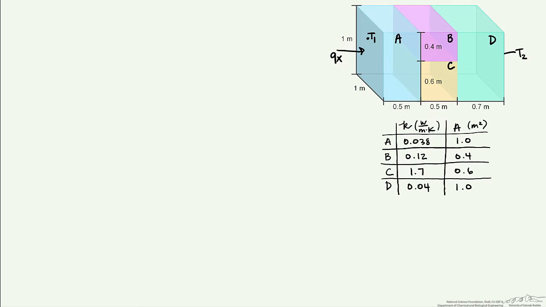So we'll first find the resistance of A. That's our L, 0.5 meters. We divide that by our K, 0.038 watts per meter Kelvin, times our area, which is 1 meter squared.